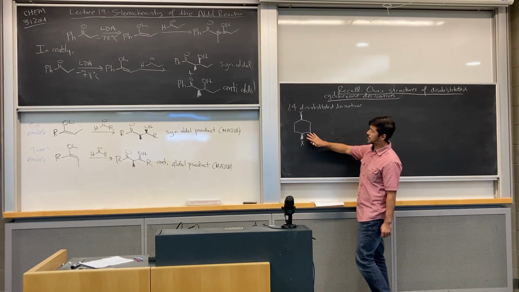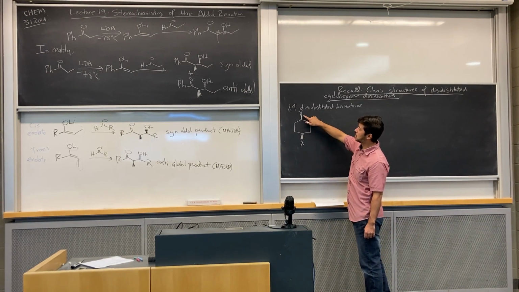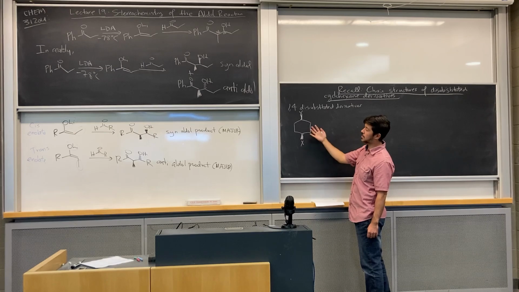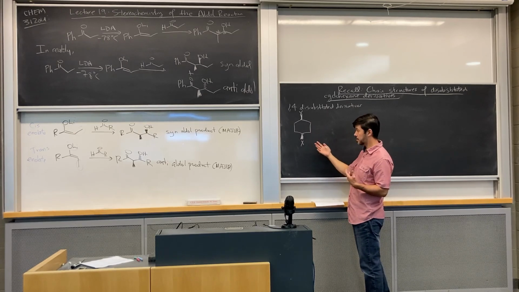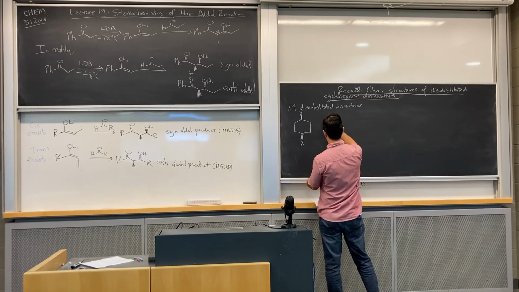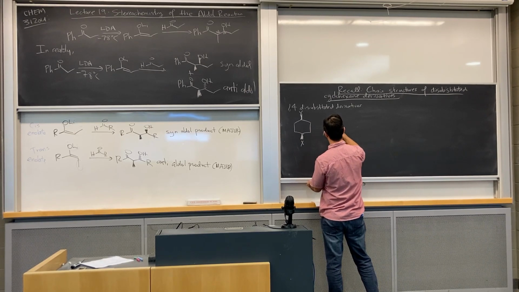If you have a cyclohexane ring and you have two substituents, we'll just call them X, coming towards you in this environment here, what does that look like in terms of its chair structure?